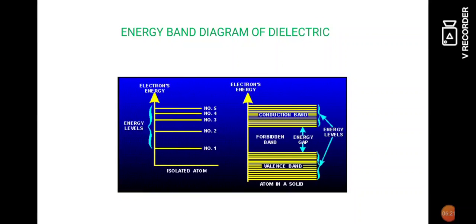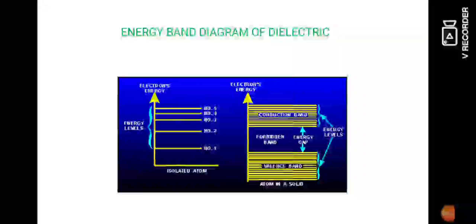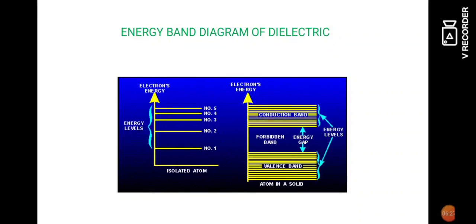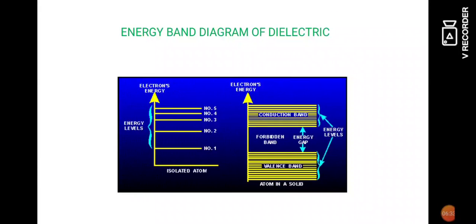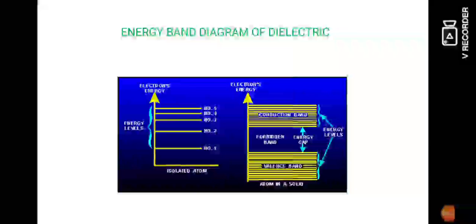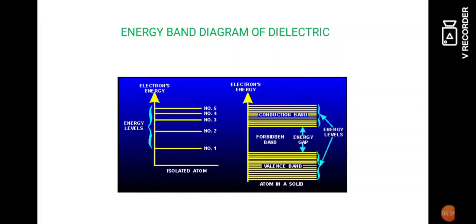Since few electrons are available in the valence band of a dielectric, when a huge quantity of current is applied to this dielectric material, these few valence electrons will move from the valence band to the conduction band through the energy gap. As a result, the material starts conducting. So the dielectric loses its insulation property and becomes a conductor. This is called intrinsic breakdown.